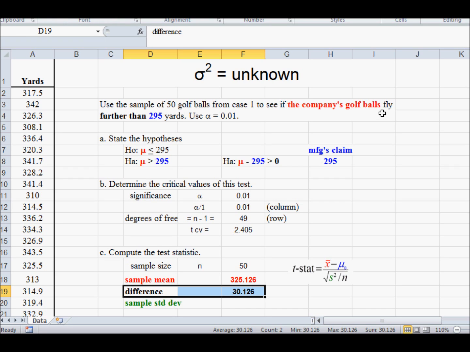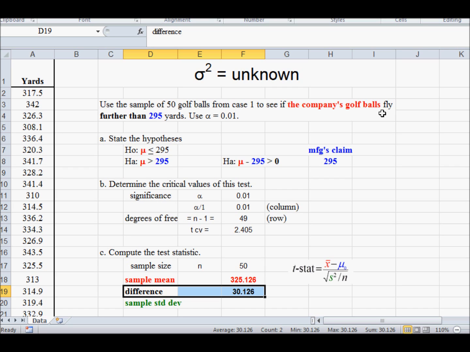Now, what does that mean? Well, we're always going to have a difference. The probability that your sample mean exactly equals the manufacturer's claim is 0. So we're going to have a difference.